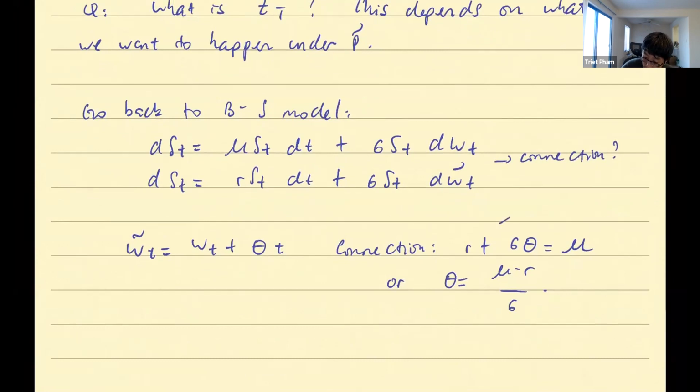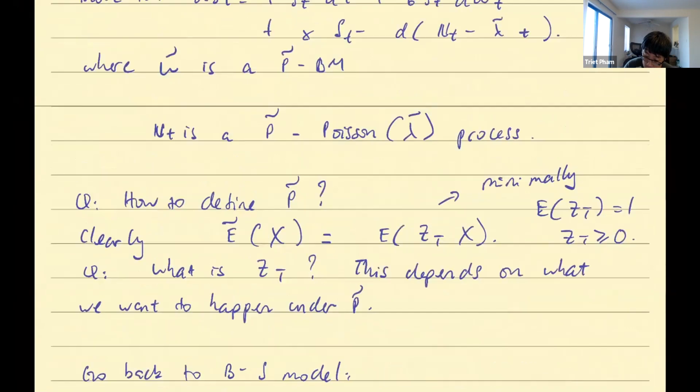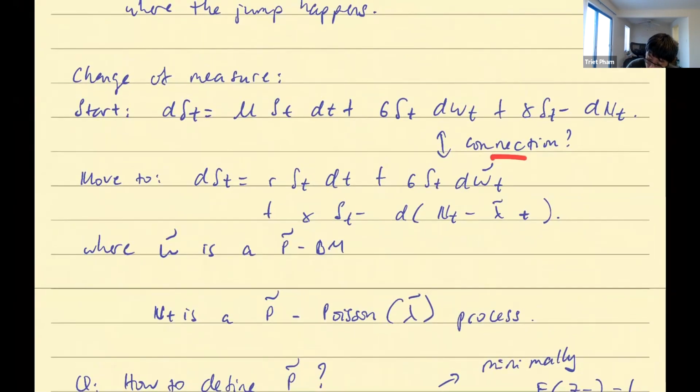This is called the market price of risk equation, because this is the Sharpe ratio, the price of risk for the stock. Market price of risk equation. Is that okay? So in our new model, what is the connection?